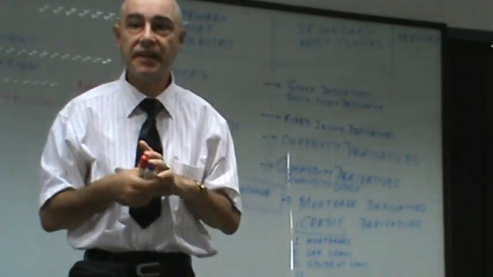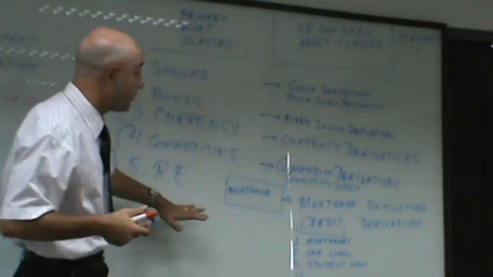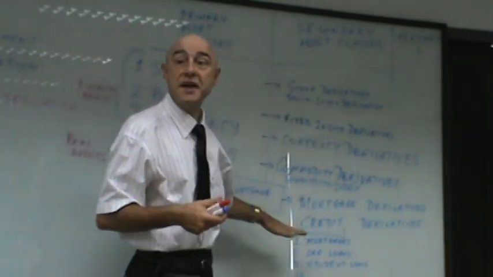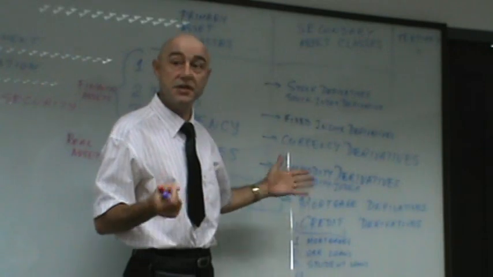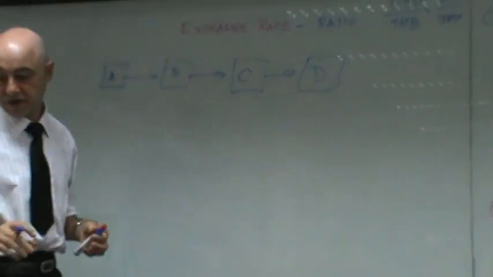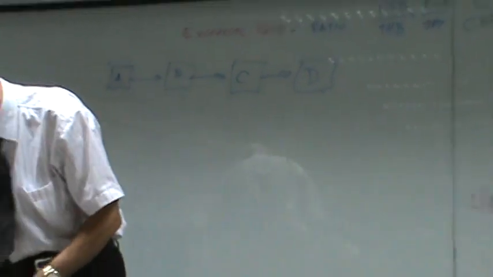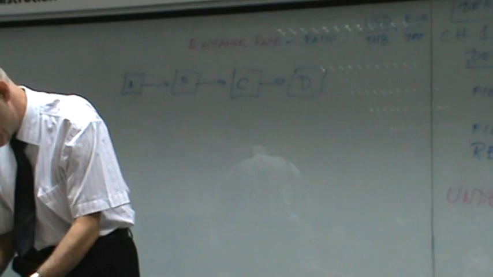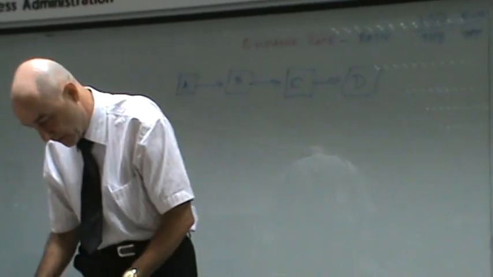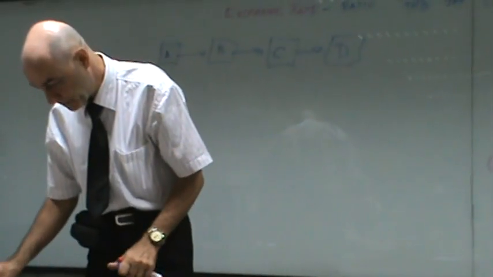So this is the primary and this is the secondary that you need to understand. And next one will be types of derivatives. Let's see, I covered derivatives in here. Real, financial.